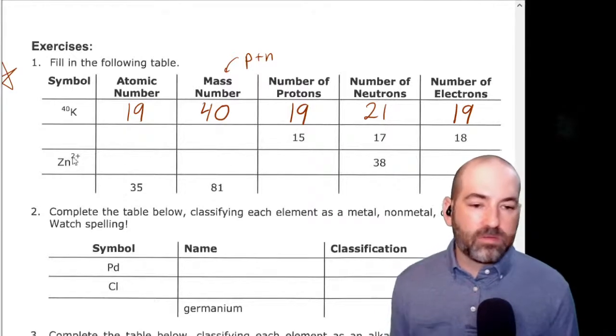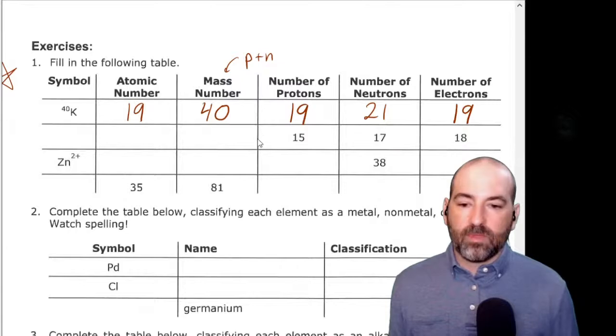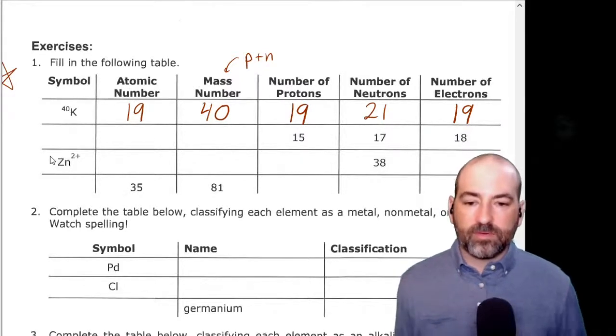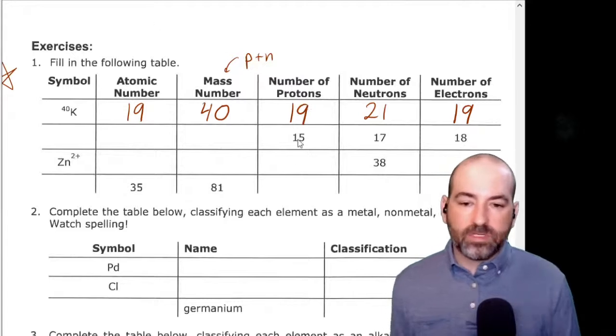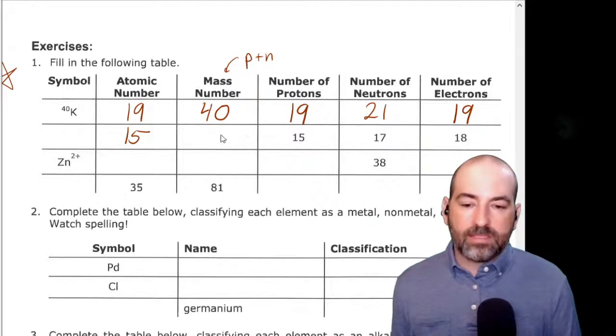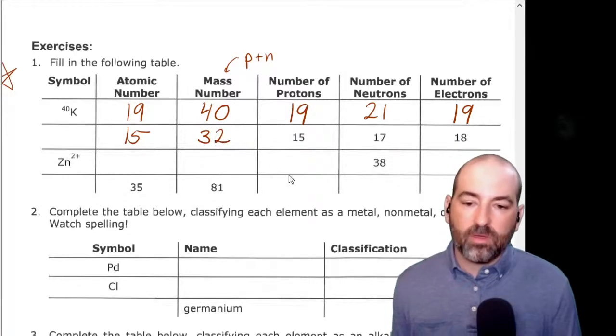The next one kind of goes a little bit backwards from that. We're given the number of each particle, and we are not given the atomic number or the mass number or the symbol. So we have to figure that out. But all the same rules still apply. So the number of protons corresponds to the atomic number. Those are always the same. The mass number is the protons and the neutrons added together. So 15 plus 17 is 32.